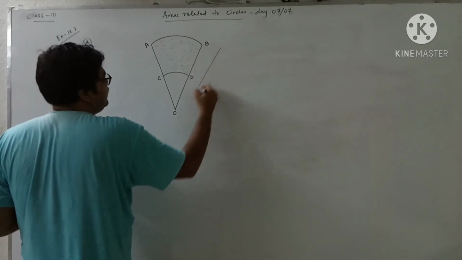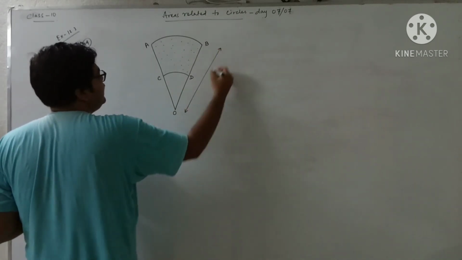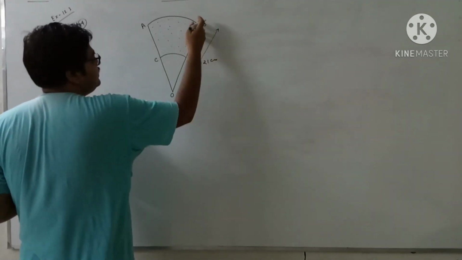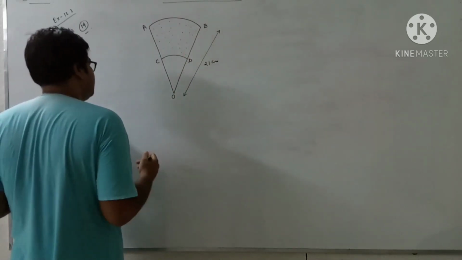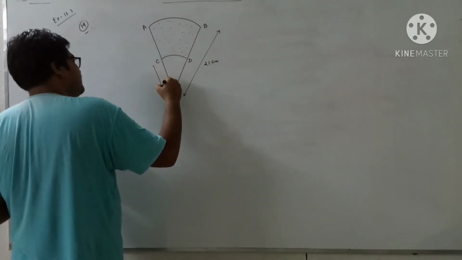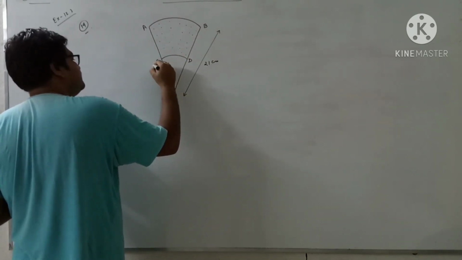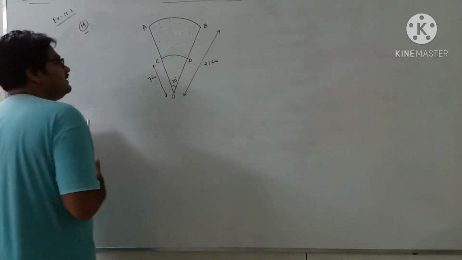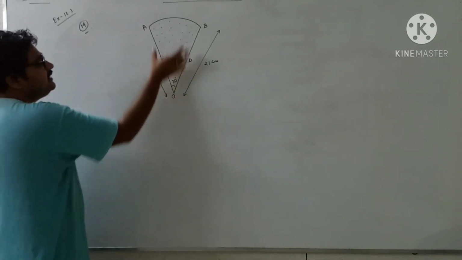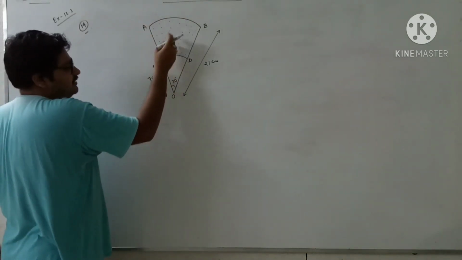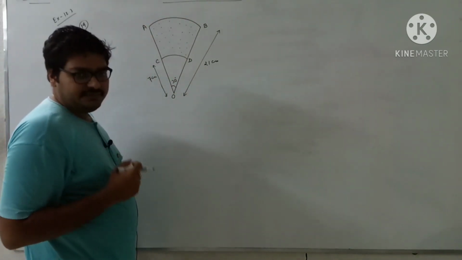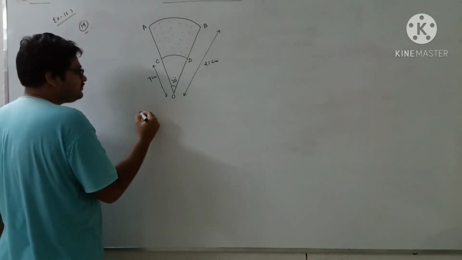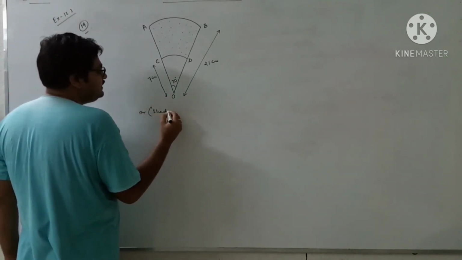This one is given as 21 centimeters. So the bigger sector radius is 21 centimeter, the smaller sector radius is 7 centimeter. This sectorial angle is 30 degree. From this bigger sector, if we subtract this smaller sector, then we will get the area of the shaded region. Very easy sum.